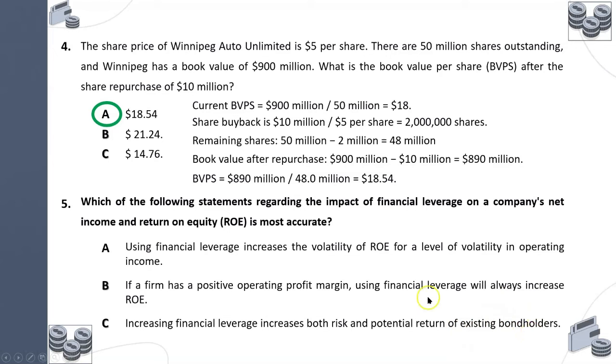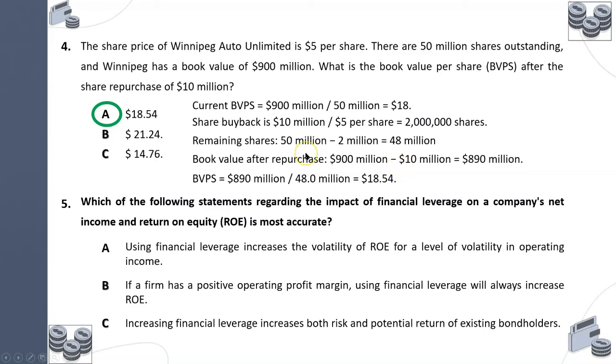Their bonds will be rated lower. If we take more loans, the current bond rating will be lower, and this is mainly because of the increase in the default risk. So we will stick to answer A, which is the right answer.